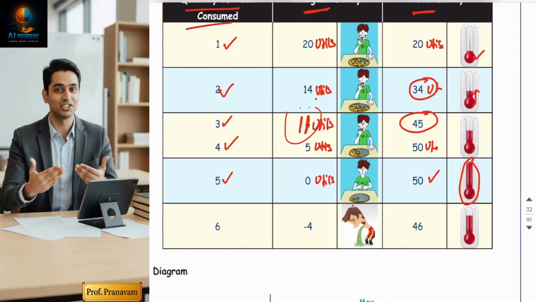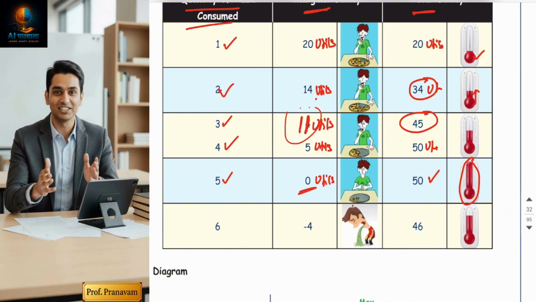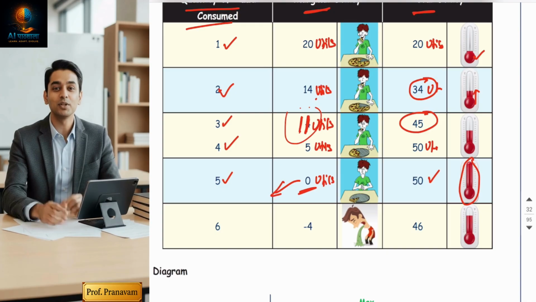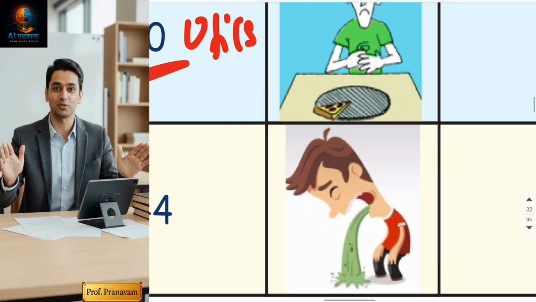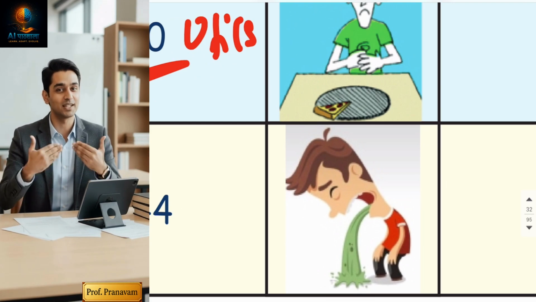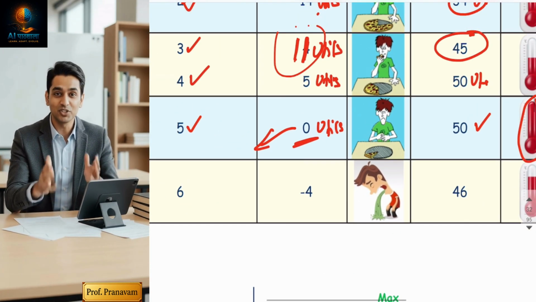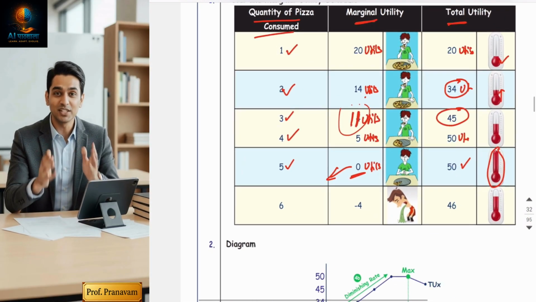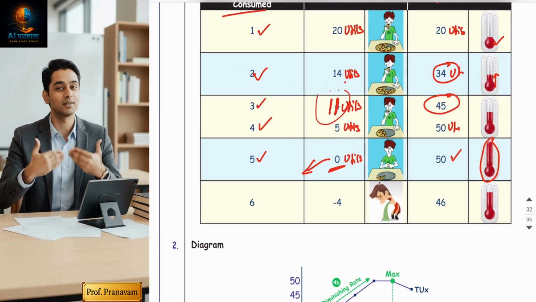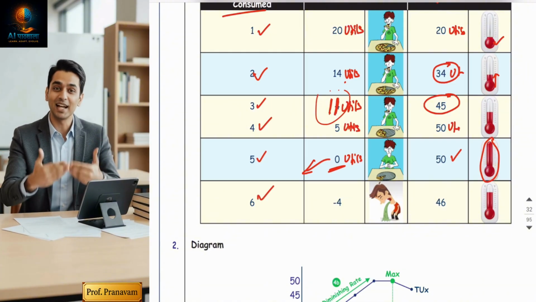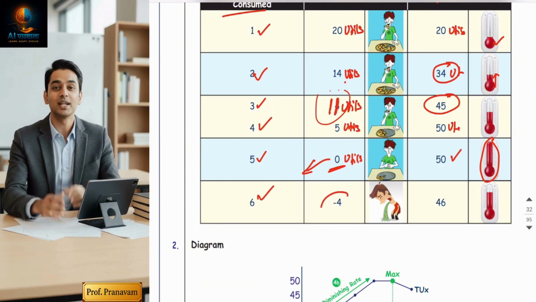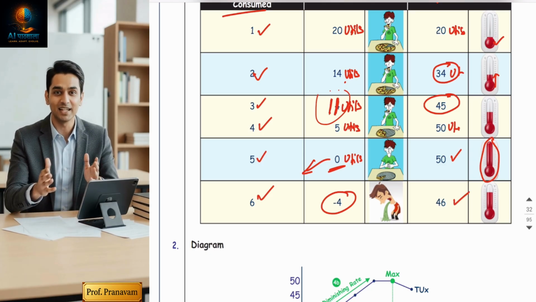Okay. Now, when TU reaches the maximum, MU becomes 0. So can I say when MU becomes 0, this boy doesn't want any more pizza, even though the pizza is there in his plate, but he doesn't want it. Means he is totally satisfied and he has derived 50 utils of satisfaction. The moment he consumes the sixth, guys, the utils will become negative and total will start falling.